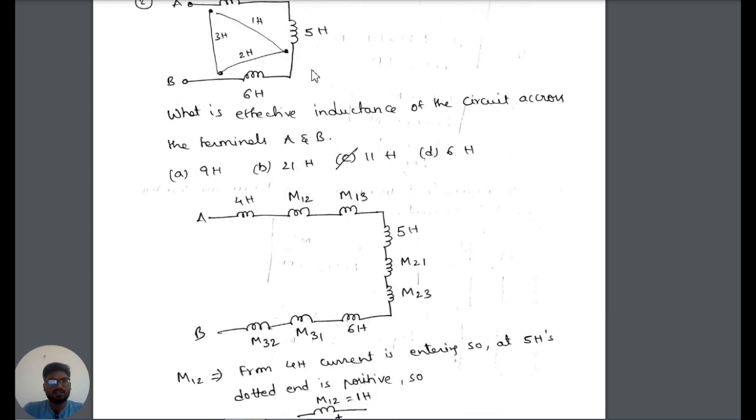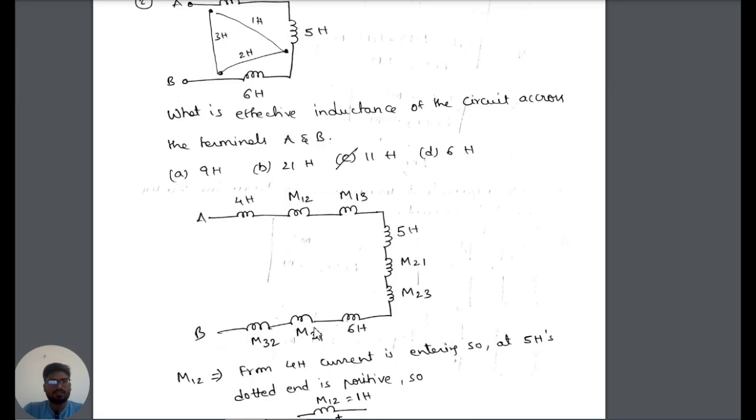Linking 4 Henry with 5 Henry is given as M12. Linking 4 Henry with 6 Henry is M13. Similarly, the mutual inductance linking 5 Henry to 4 Henry is M21, and 5 Henry linking with 6 Henry is M23. Similarly, the third inductor which is linking to both the first inductor and second inductor is M31 and M32.